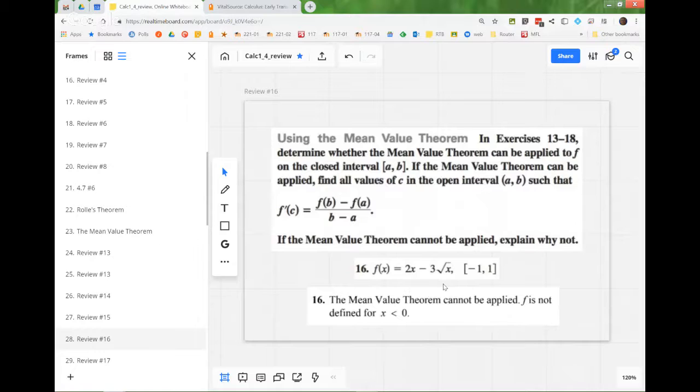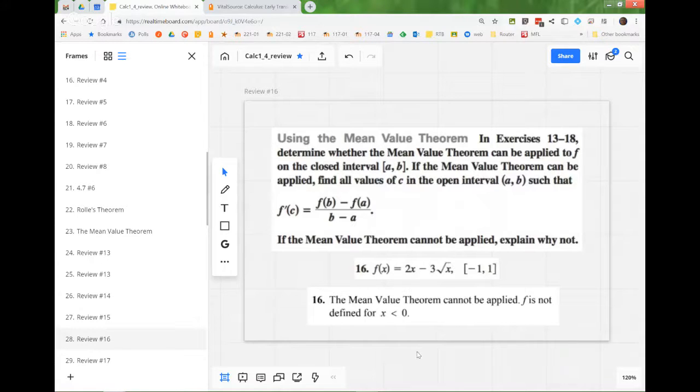The problem here is that it's not continuous, because as soon as you plug in a negative, we've got a problem underneath the square root sign. And you notice this interval includes up to and including -1. So anything negative here, the function is not continuous. Therefore, I'm sorry, I can't use the mean value theorem.